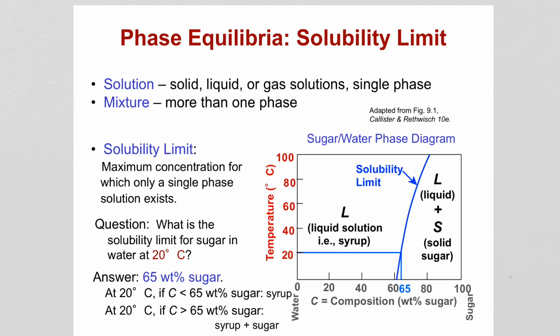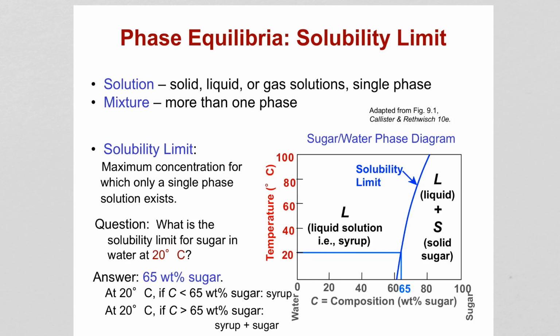When you think about the sugar and water system, of course the solubility of sugar will change depending on the concentration and the temperature. They all change the solubility of sugar in water. So we are given a phase diagram of a sugar and water mixture.